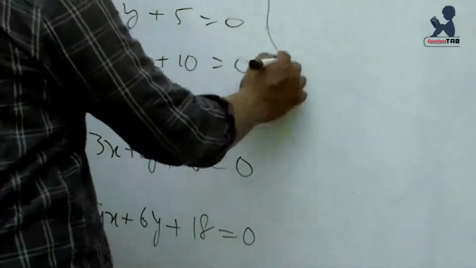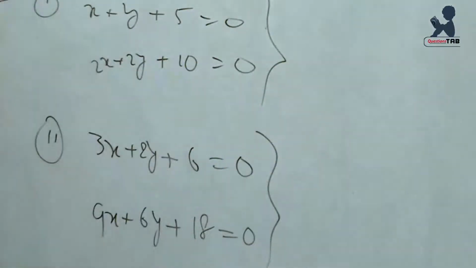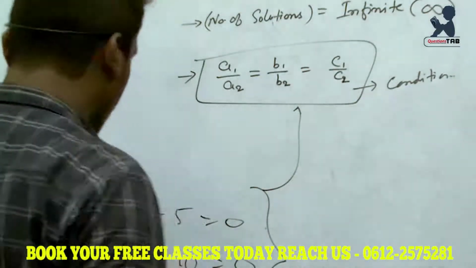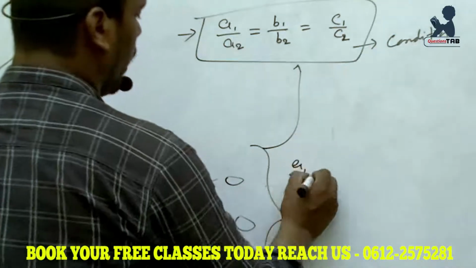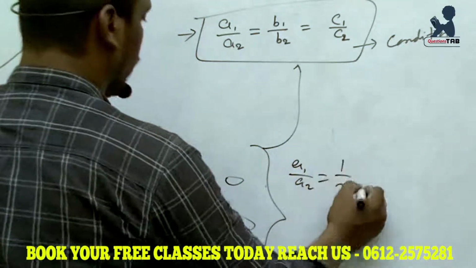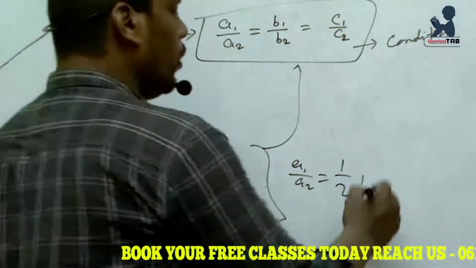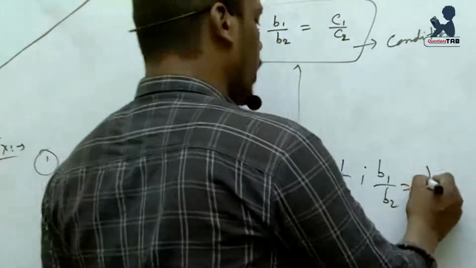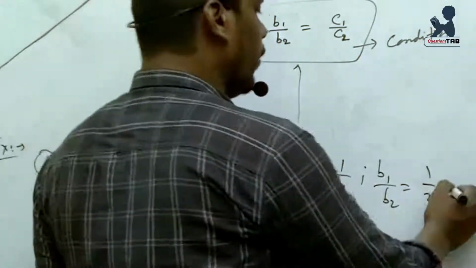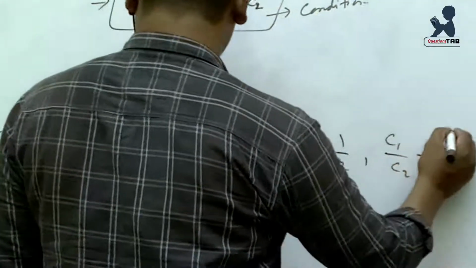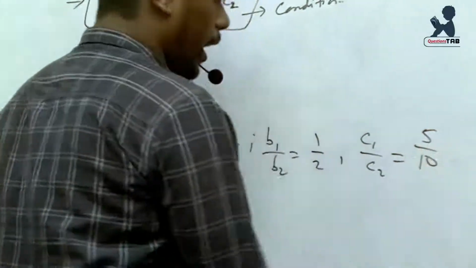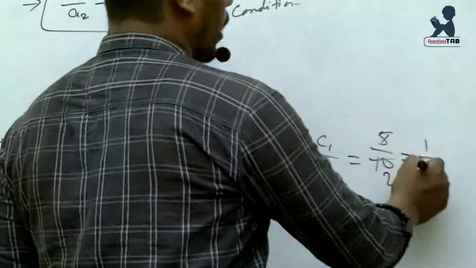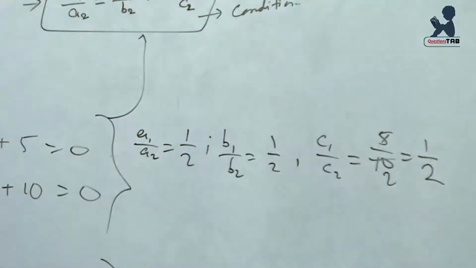So let's check whether these two equations fulfill this condition or not. In the first one, the value of a1 by a2 is nothing but 1 by 2. The value of b1 by b2 is again 1 by 2. And the value of c1 by c2 is 5 by 10, and when we solve this 5 by 10, we again get 1 by 2.